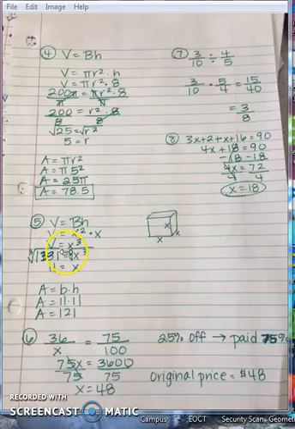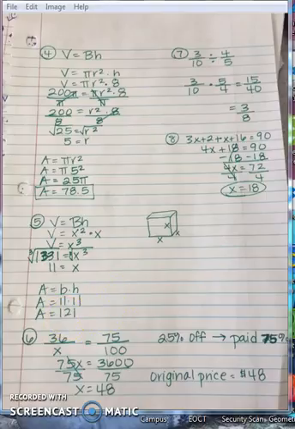So V would have to equal x cubed. Okay, so I substitute my 1,331 in for V, 1,331 equals x cubed, and then I can take the cube root of both sides, so x equals 11. Then I substitute that in for the base and the height. So the area of one of the faces would be 121.